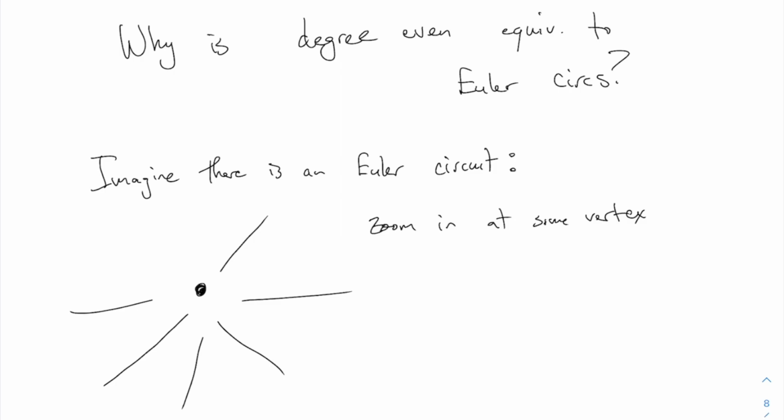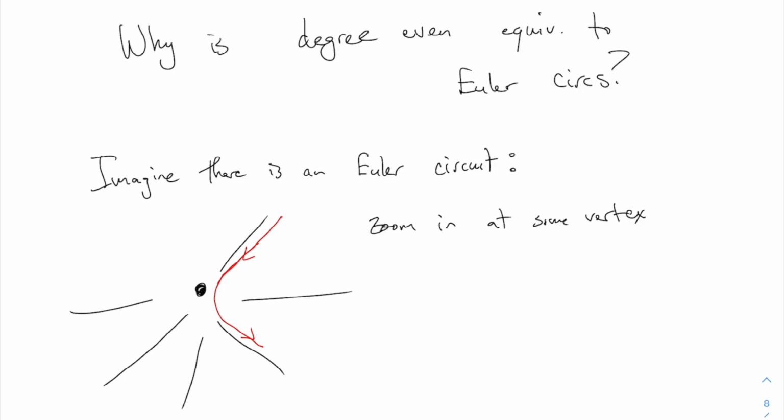Now, if there is an Euler circuit, what does it look like when I draw in the red line? We can't say for sure what it looks like, but it means at some point that red line has to maybe come in here and come out this way, right?